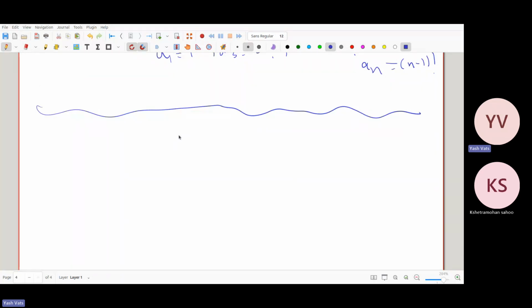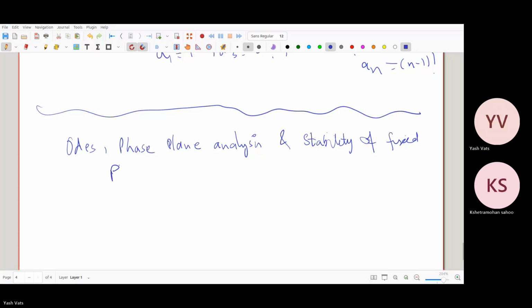We will discuss ODEs, phase plane analysis, and the stability of fixed points. We will discuss that after this. Just have a look, and if you have any questions, just let me know for now.